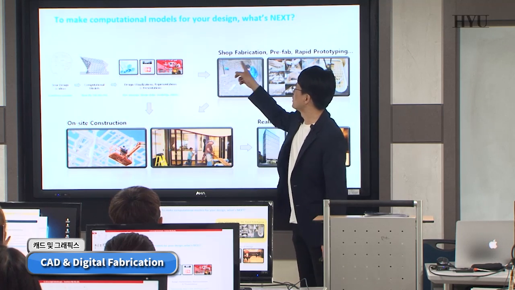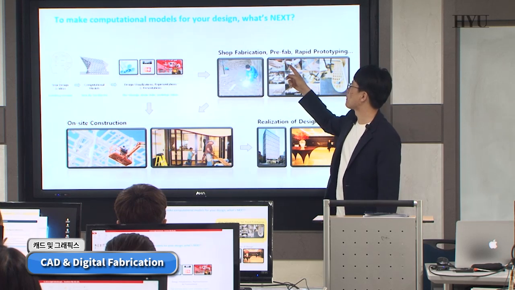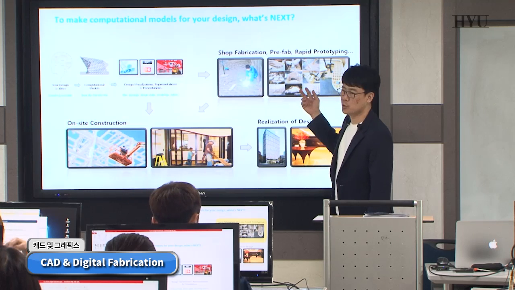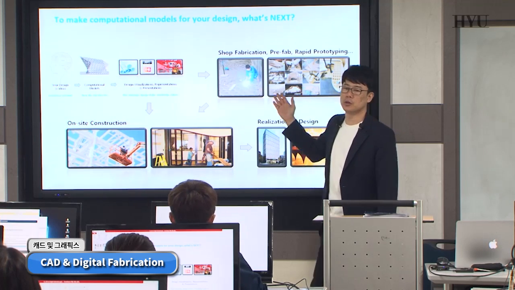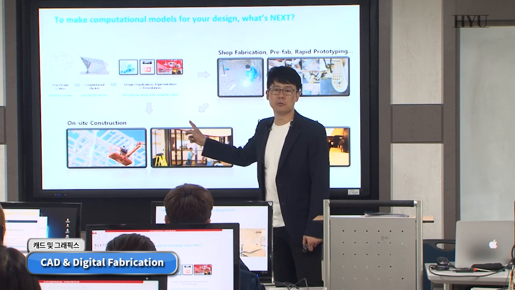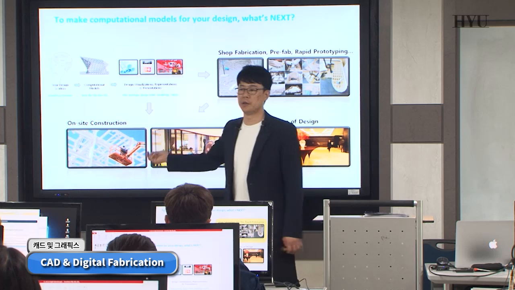That is why we usually say shop fabrication. And also prefab. Prefab means prefabrication. Something that needs to be fabricated before actual installation. For example, a window frame. A totally new design of window frame, wall frame.